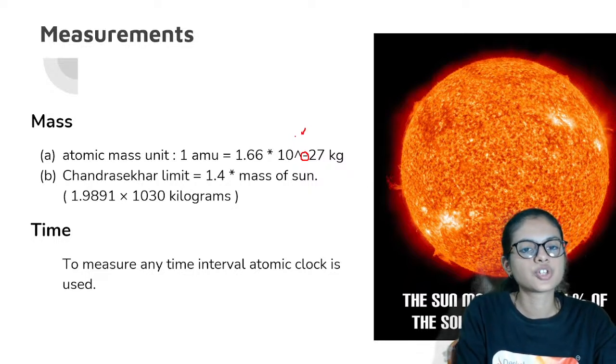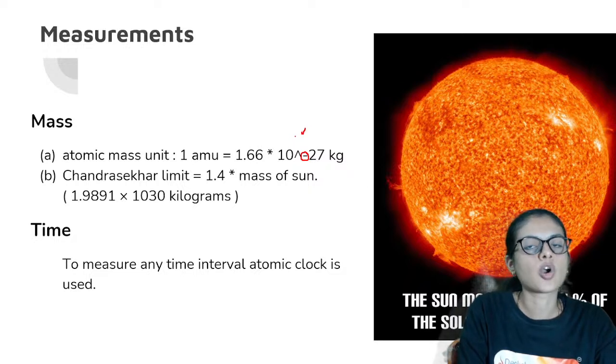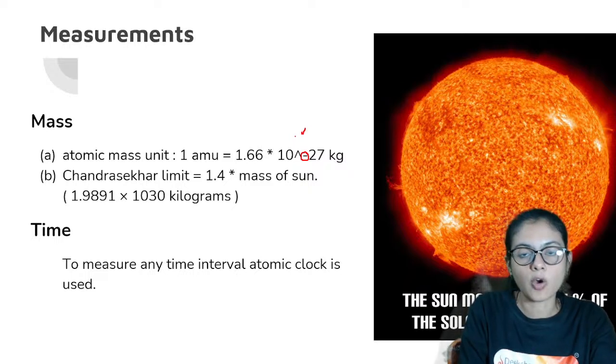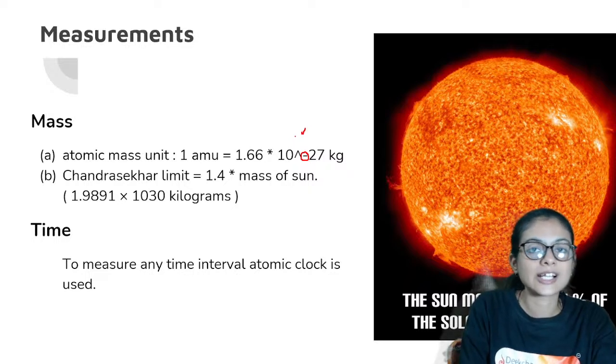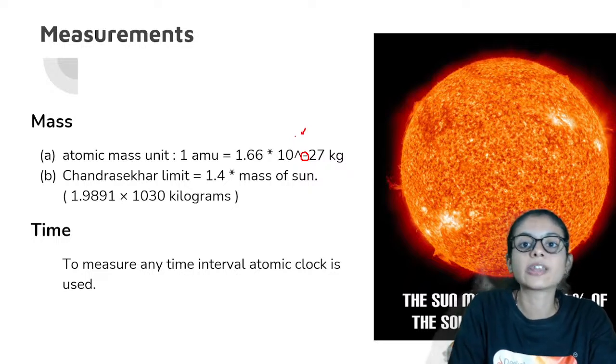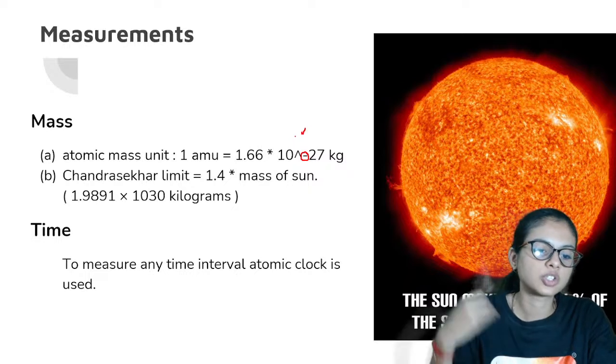And time, to measure any time interval, we use an atomic clock. An atomic clock is nothing but something which measures very small units of time, like milliseconds, microseconds, or even less than that. And you can consider a long time, such as the creation of the universe.